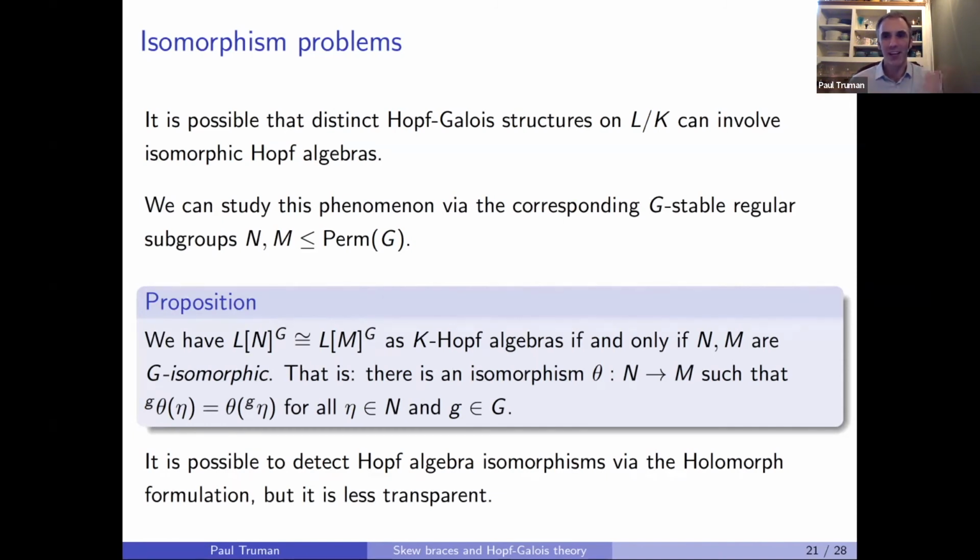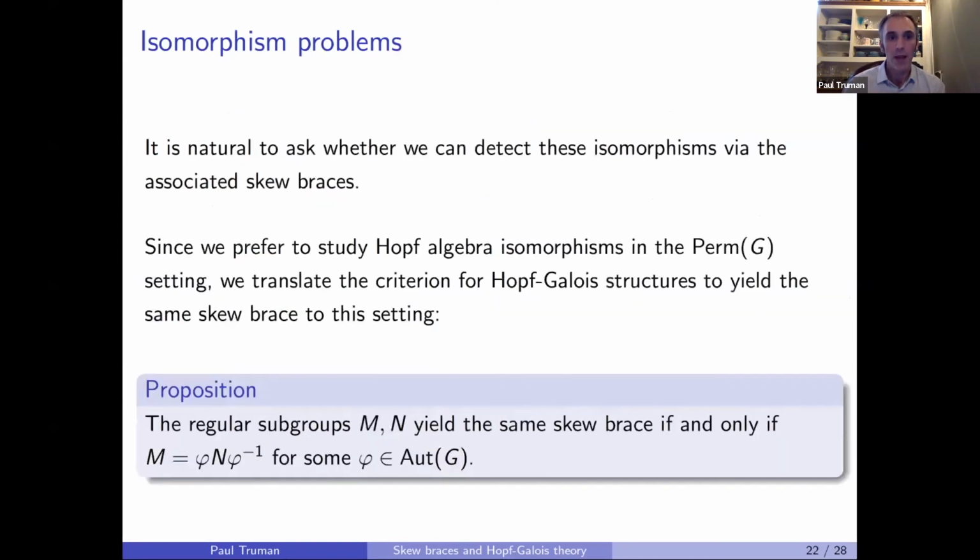Broadly it seems to be easier to work with the braces on the holomorph side and perhaps slightly easier to work with the Hopf-Galois structures on the Perm G side. That's been our feeling. But it's certainly natural to ask whether we can detect or understand anything about these isomorphisms through the associated skew braces. But as I was just saying, we at least like to work on the Perm G side.